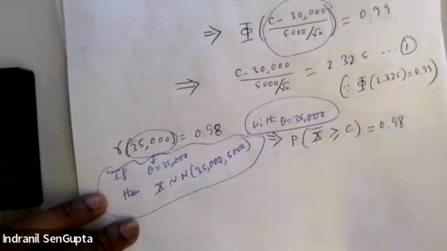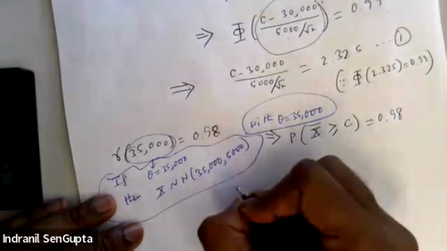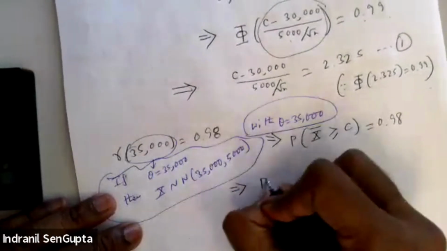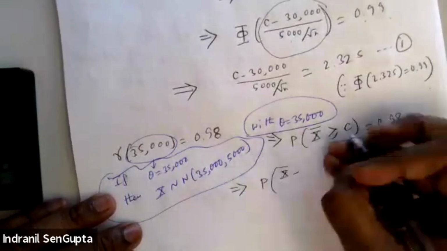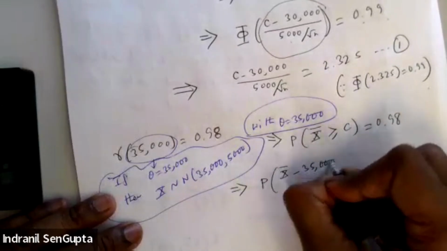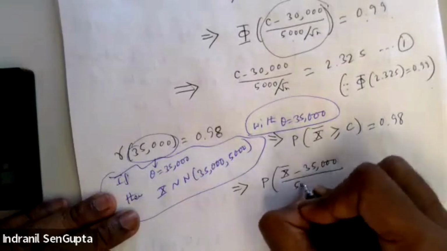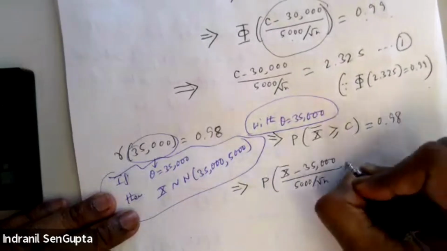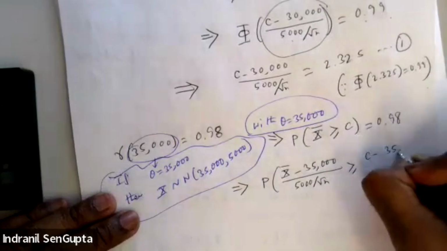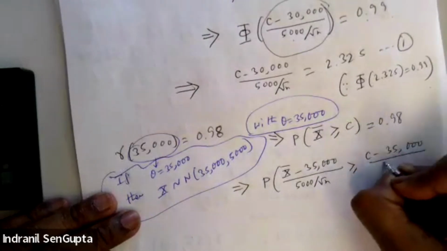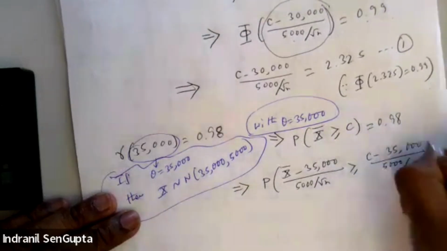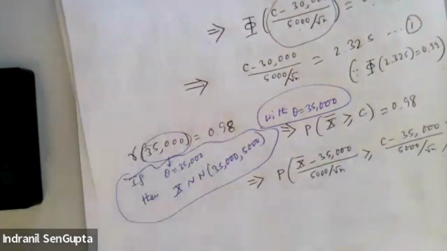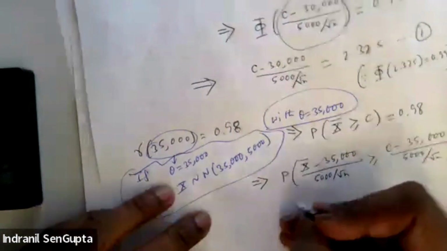Now, in this case, we have the same computation. So P of (x bar minus 35,000) over (5,000 over square root of n) is bigger than (c minus 35,000) over (5,000 over square root of n). Same thing as we have done earlier.